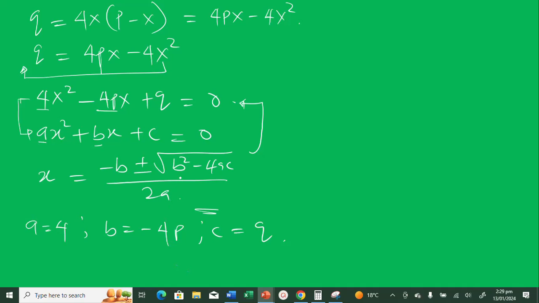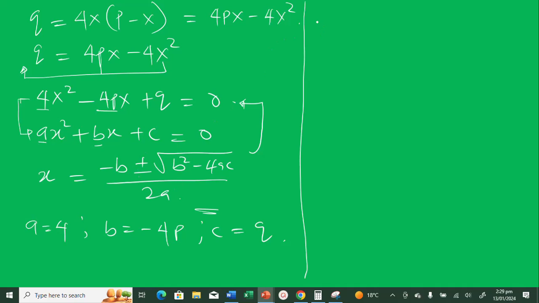Now, using this formula, since I didn't write anything here, let me use this part. a is equal to 4, b is equal to minus 4p, c is equal to q.